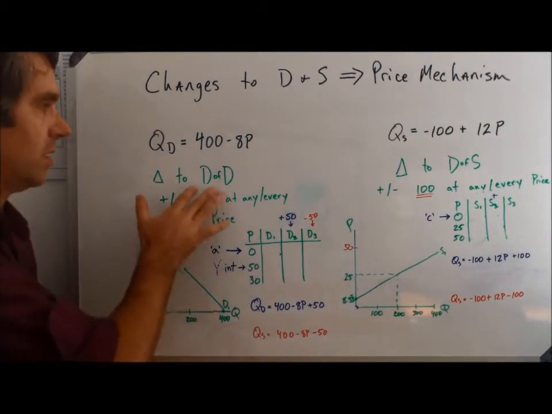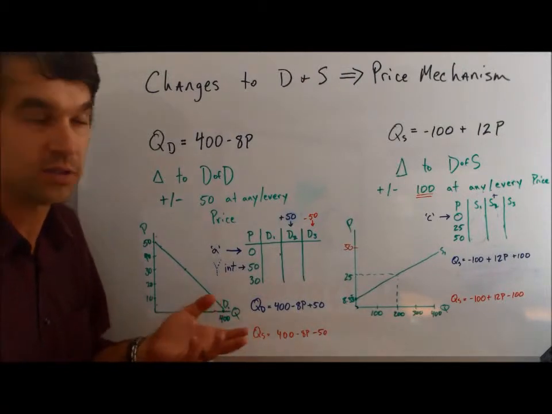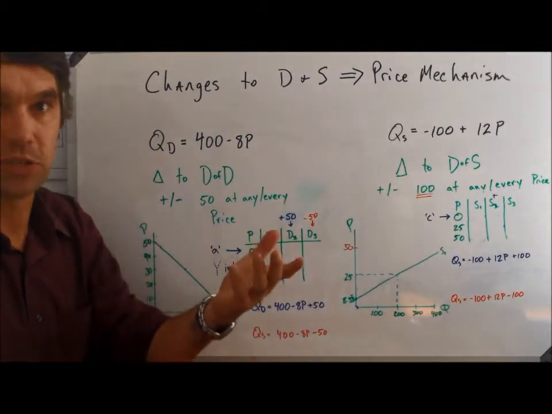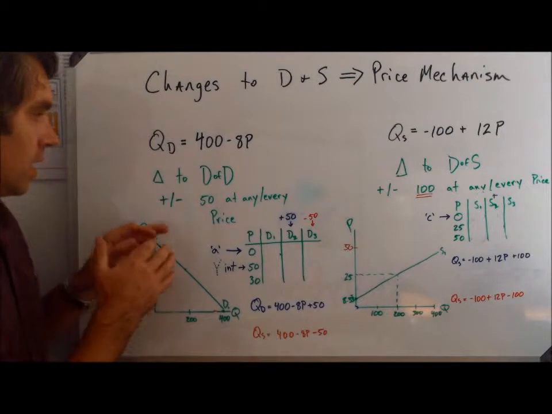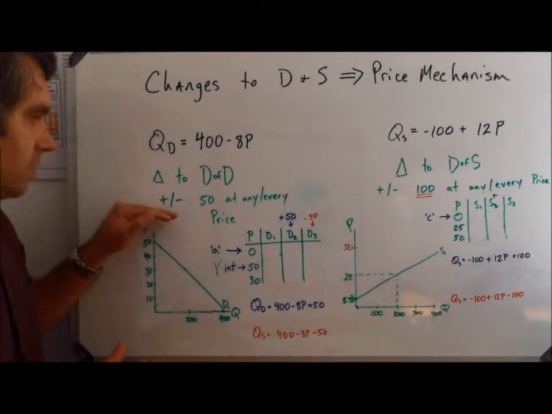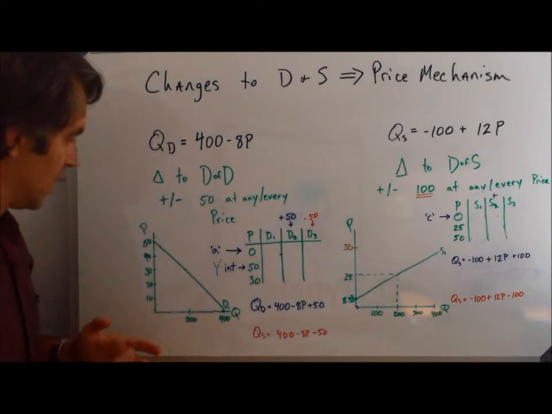So for example, typically for demand, we talk about a change in taste, although of course there are others. And for supply, we talk about a change to the price of a raw material. Let's use as an example a change of plus or minus 50 at any and every price.